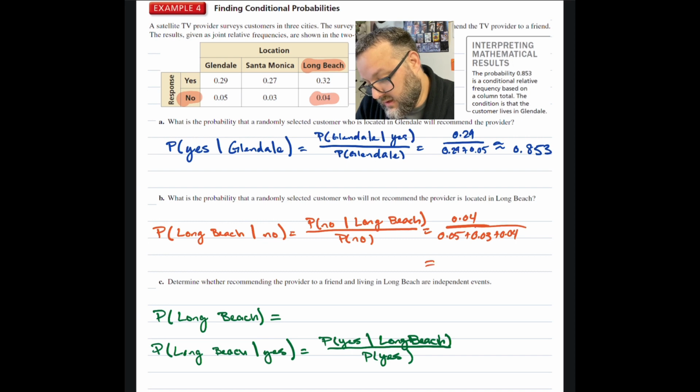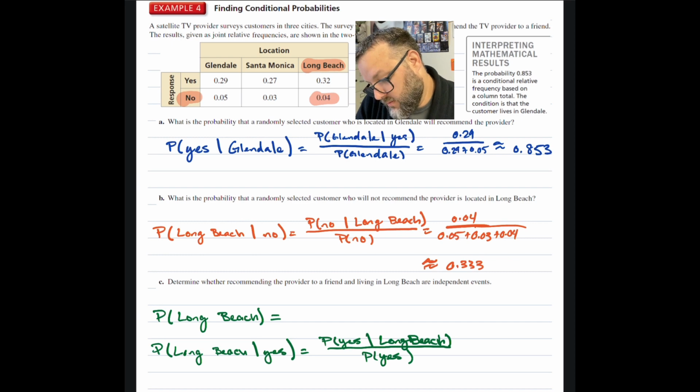When we do that, it's going to be about 0.333, or a third chance. So every third person we could expect who says no, they don't recommend, would be in Long Beach.